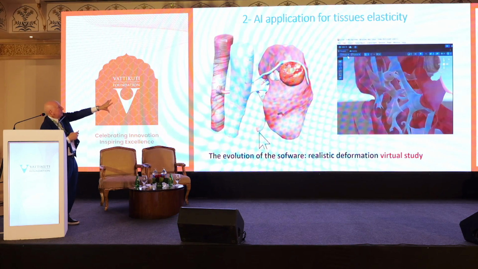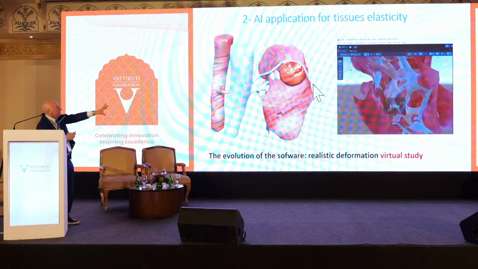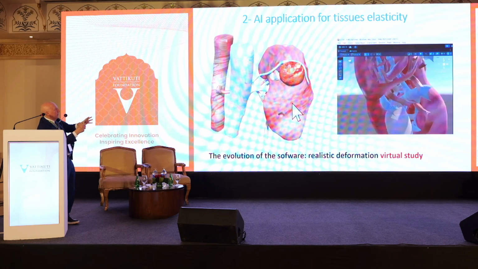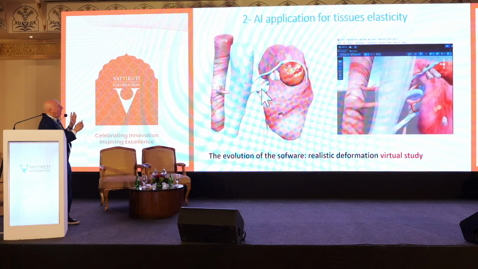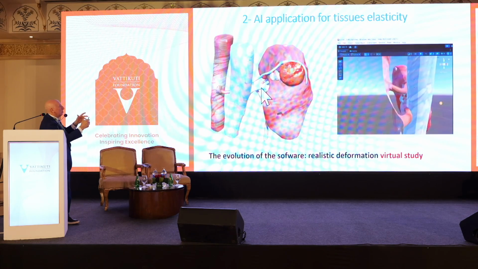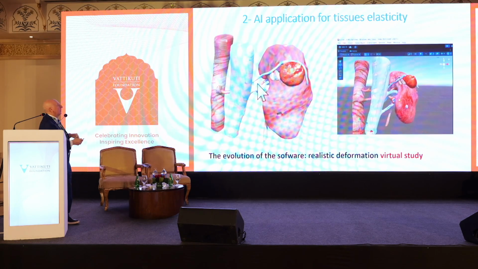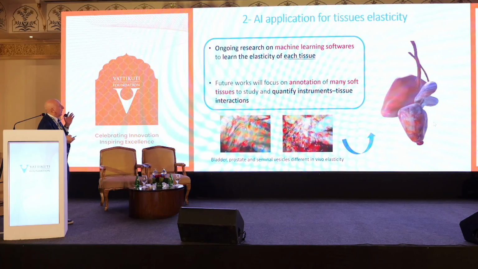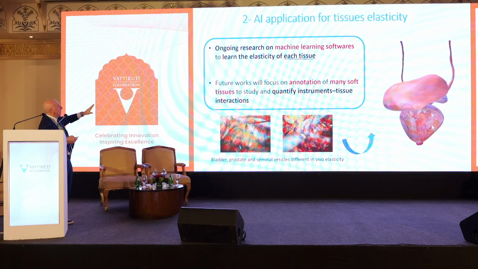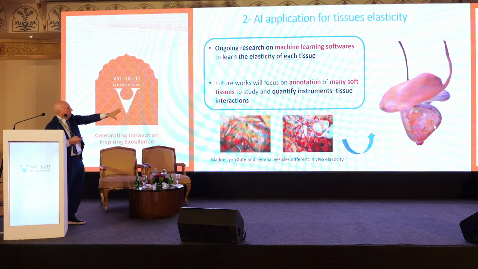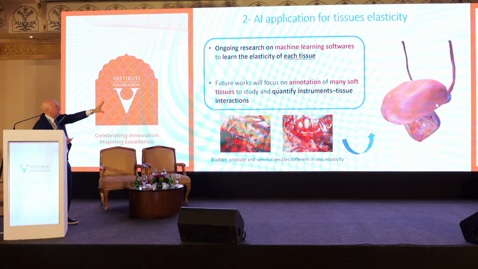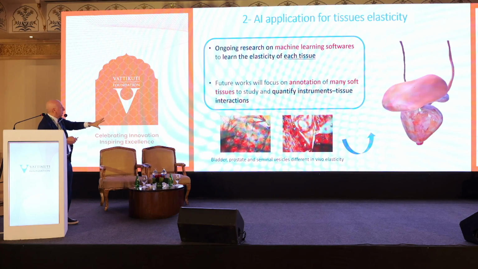Look, we are inside the kidney on the right side, and so we can have the movement of the calyx and of the single artery and the single vein. What we have done is extremely easy because, as you can see, we have different elasticity of the bladder as well as of the prostate.